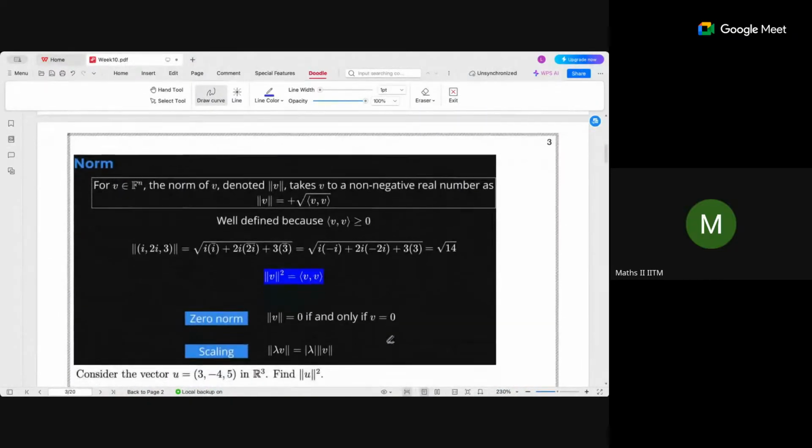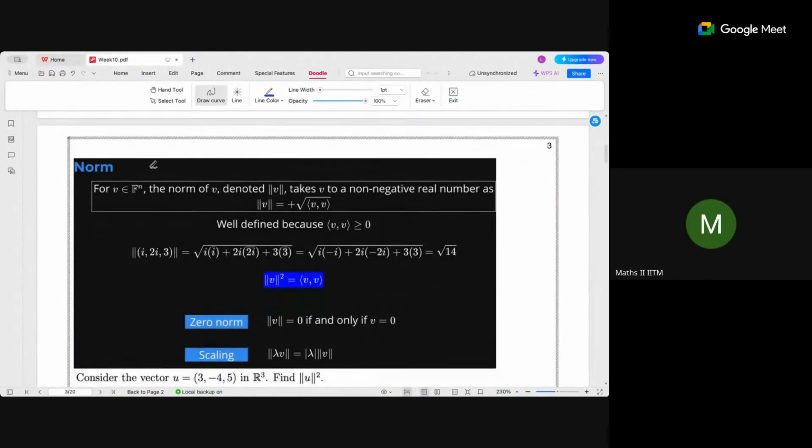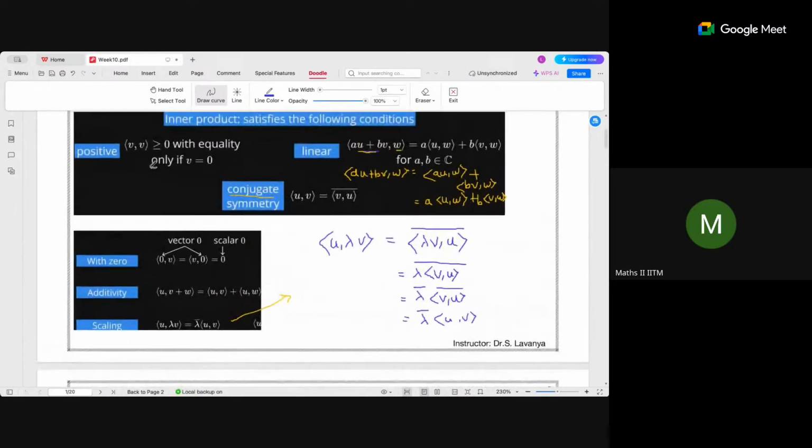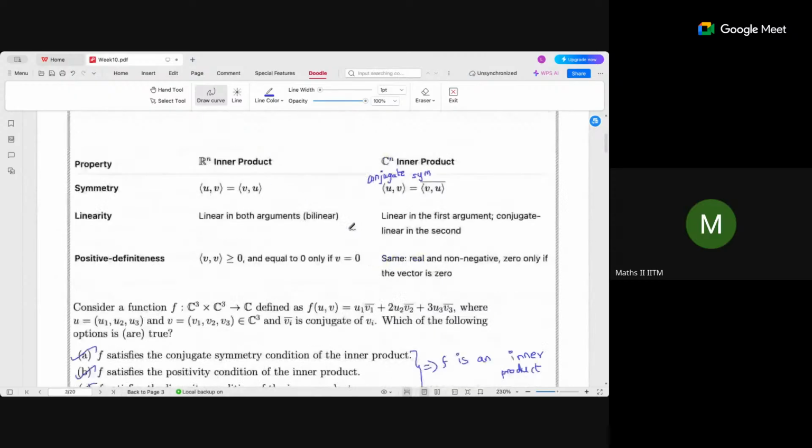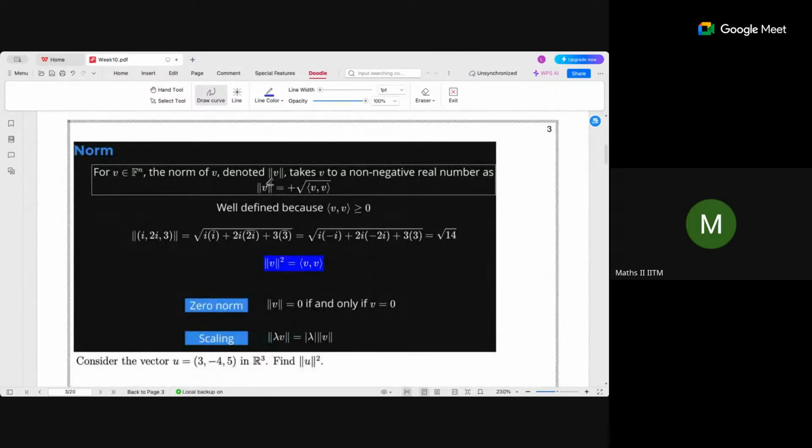Okay, so you remember how we defined the norm? The norm is the positive square root of u dot u for the dot product. The same thing happens here as well. If you have any vector v in Fn, the norm of v, denoted by norm v, is a non-negative real number defined as the square root of the inner product v comma v.